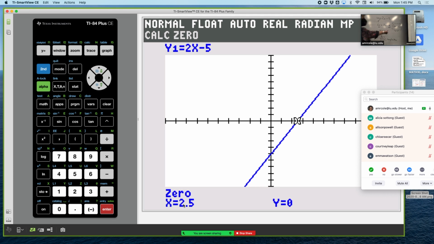When I write it as an ordered pair, it's an x-intercept. When I put it in the equation, set equal to 0 and solve it, I still get this number, 2.5. But because this is a solution, I'm going to write it differently. It's going to look different.